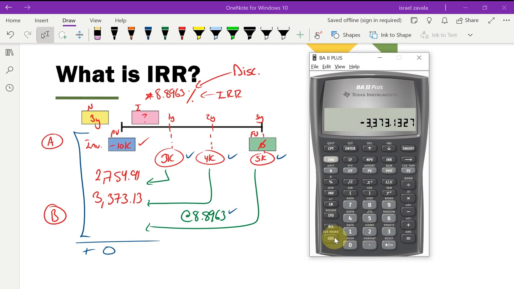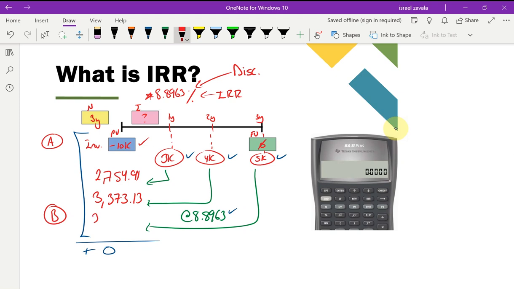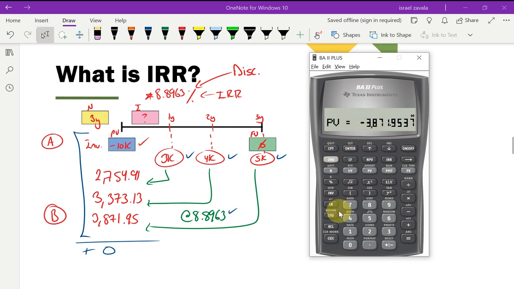And then now I'm going to go to the $5,000, and I'm going to discount that 3 years, and I'm going to compute the present value. So 3,871.95. Okay. All right, so let's store that under number 3.